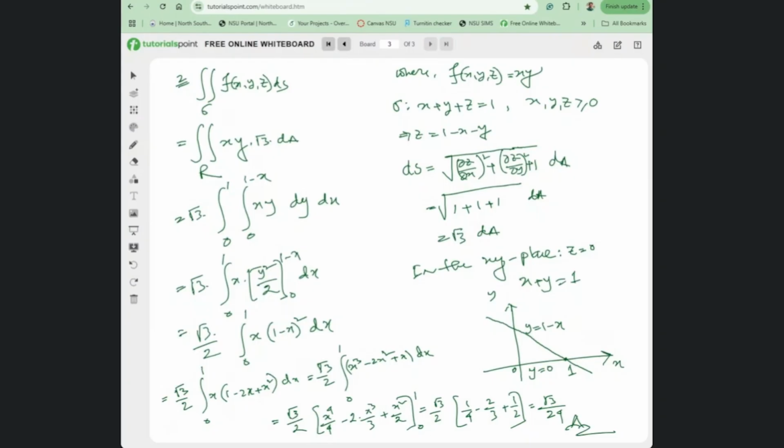Okay, everyone please have a look into this calculation. If you find any error or if you have any questions, you can ask me.